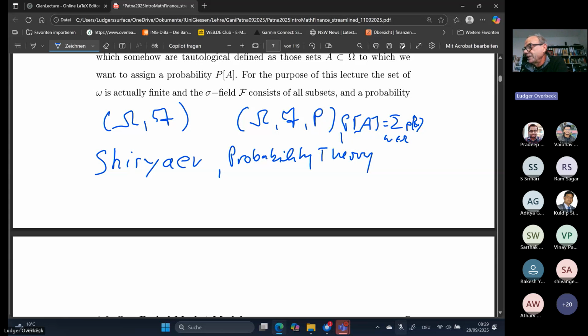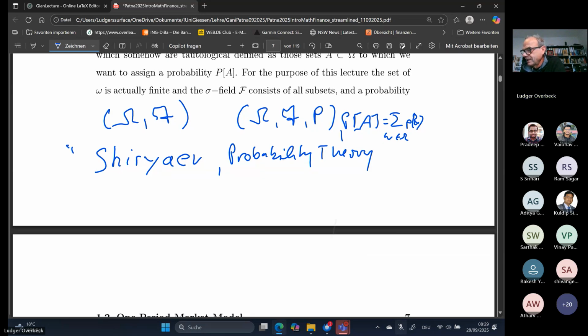It's presented by people from analysis and differential geometry with P as the Lebesgue measure, but of course it also works for a general probability measure.